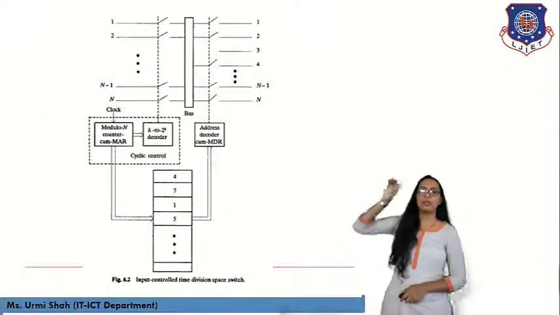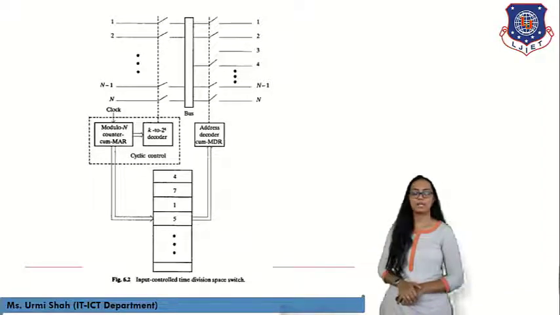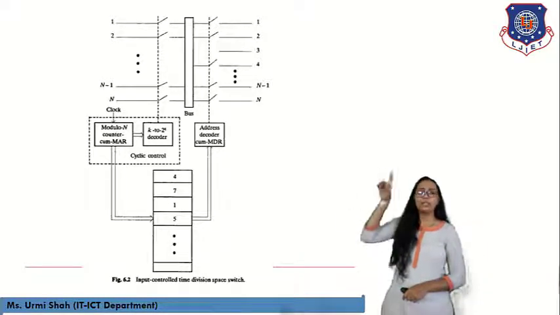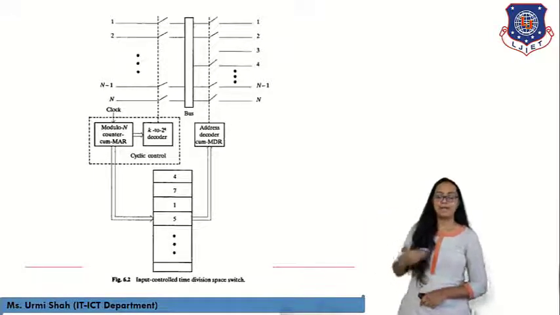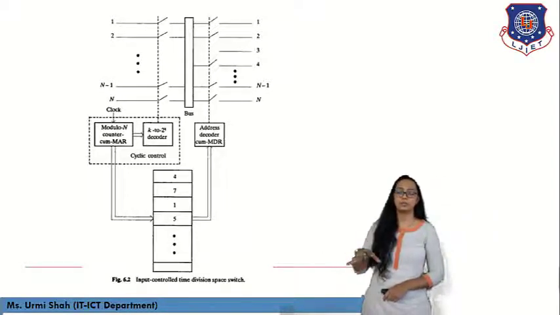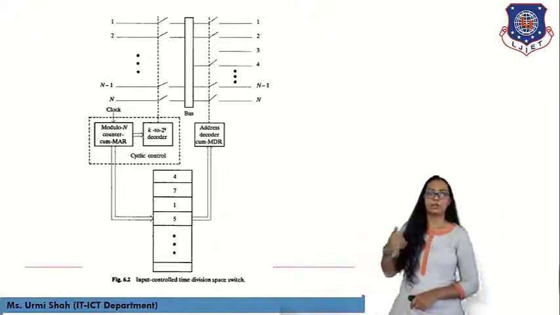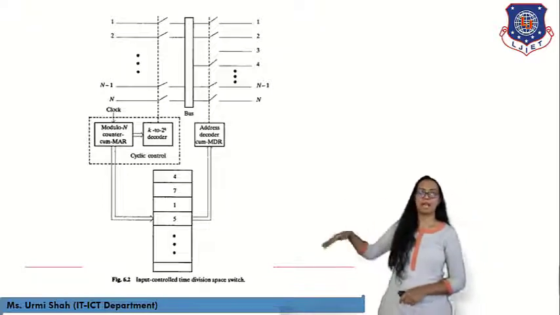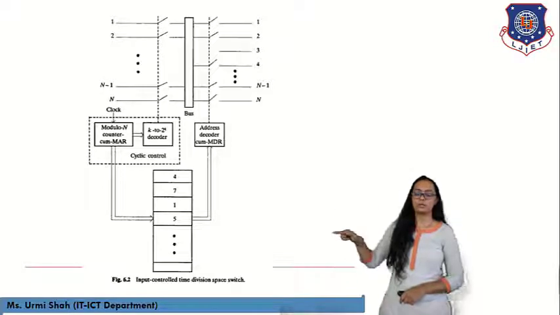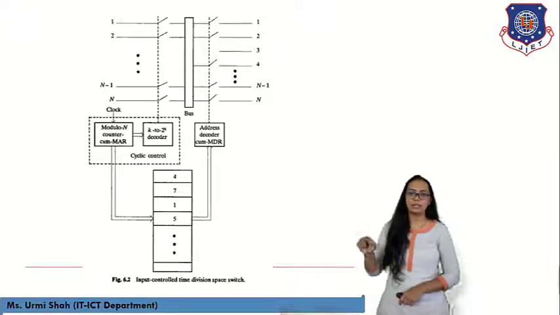This is the network of time division space switching. As you can see over here, we had a network of n cross n inlets and n outlets. In between the input and output, a bus was there. Bus has a role to have storage of the output based on the input coming from the inlet part. So for that circuitry we have clock input. Clock is going to enter into the modulo n counter.